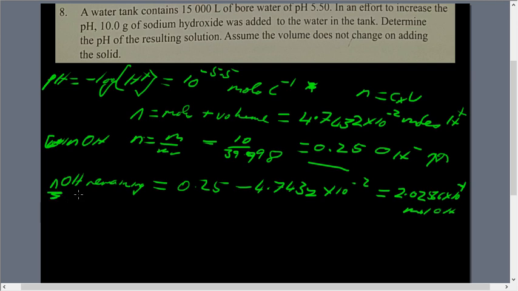To know our pH, because it's actually asking us pH, we need to derive that from concentration, which is moles per litre.